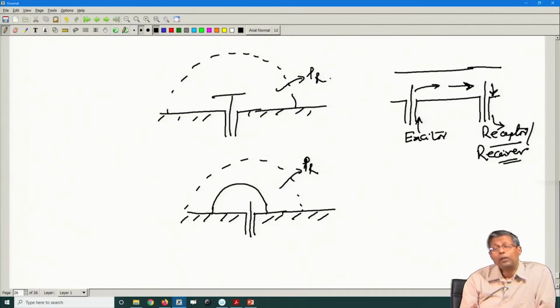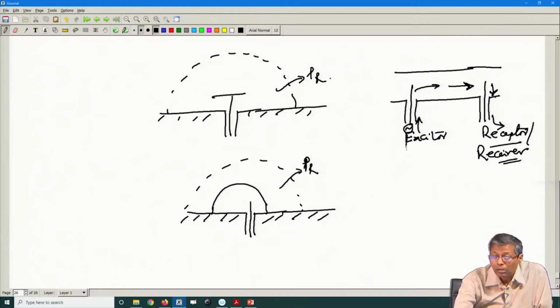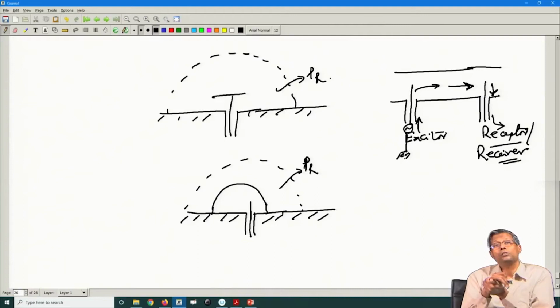However, the reason we spent all this time to discuss the reactive part of the power, which is contributed by the imaginary part of the complex Poynting vector and the stored energy term both together, which is a purely real number, is to match this source of excitation to the waveguide, because for matching this I will need to tune out the reactance here.